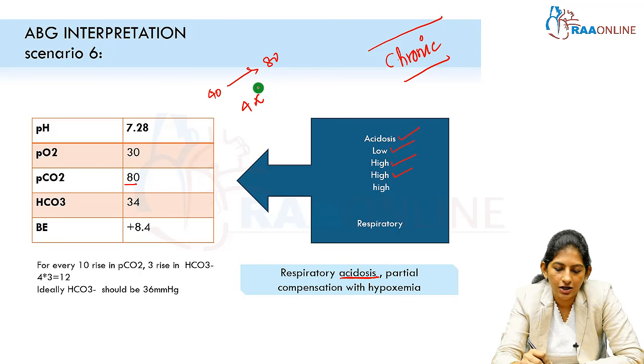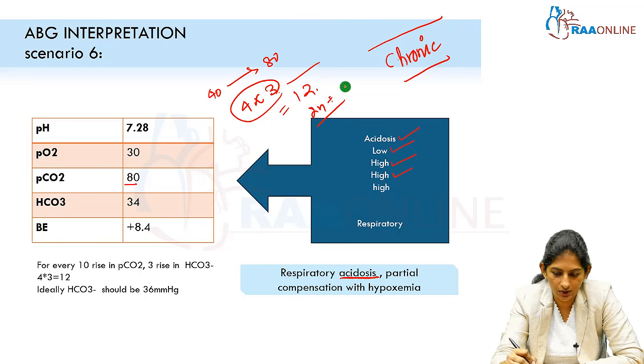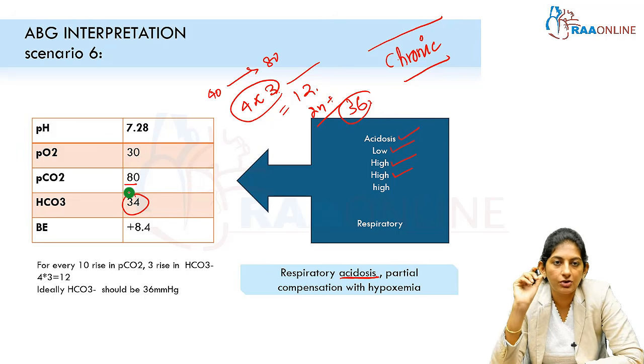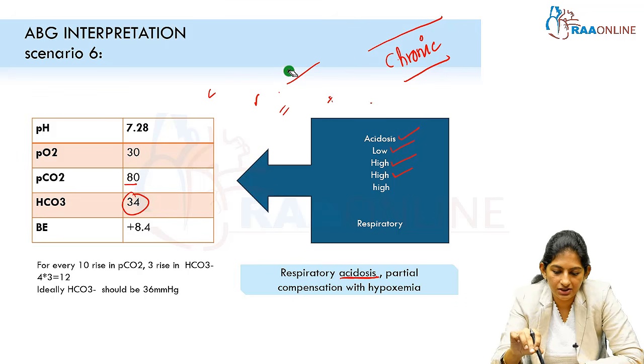So bicarbonate has to rise 4 times 3, which is 12. Ideally bicarbonate is 24, so 24 plus 12, it should be 36. It has not reached 36, isn't it? Bicarbonate is only 34. So it is a partially compensated respiratory acidosis with hypoxemia.